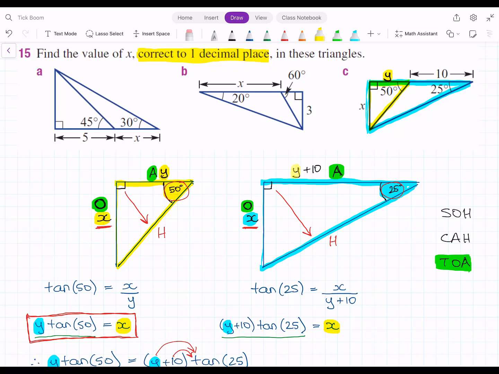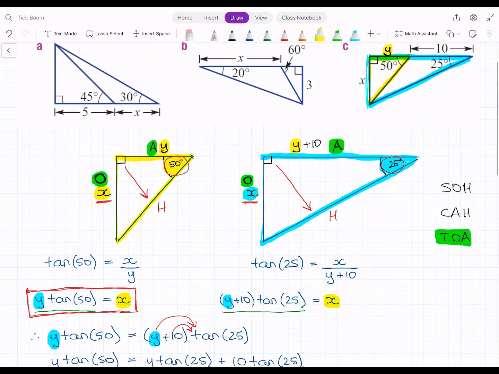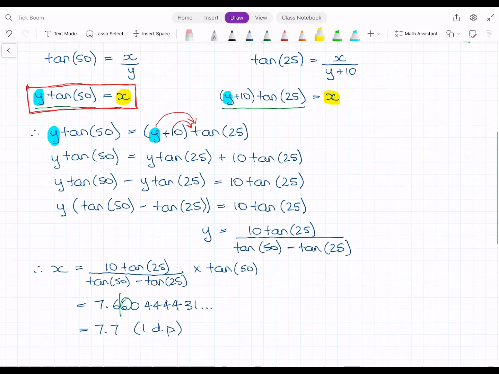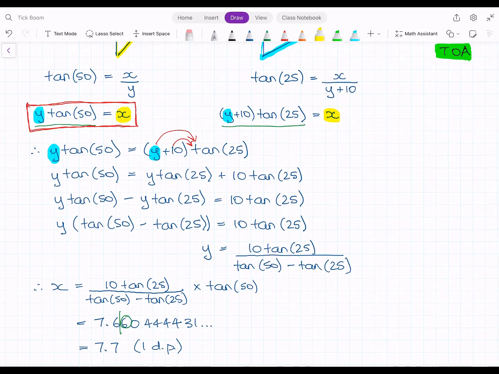Maybe that's not something you might have thought to do if you've never done a question like this before. But now that you've seen me work through this approach, hopefully you can see how doing that means you can then end up with effectively a simultaneous equation, a very simple one, that we then solve, and from there we work out y, we work out x, and it all works out quite nicely.